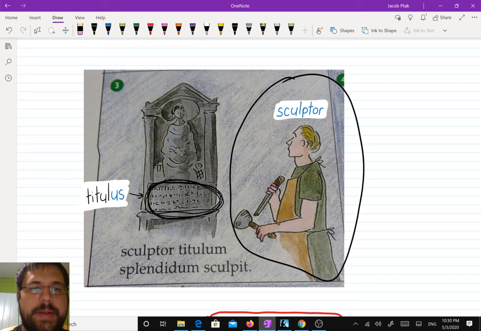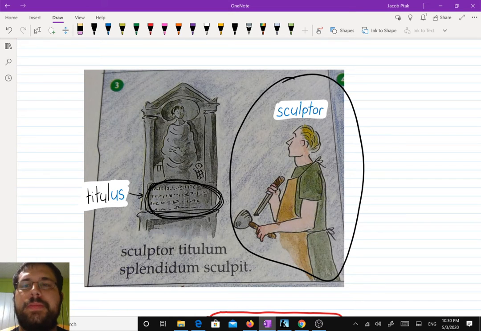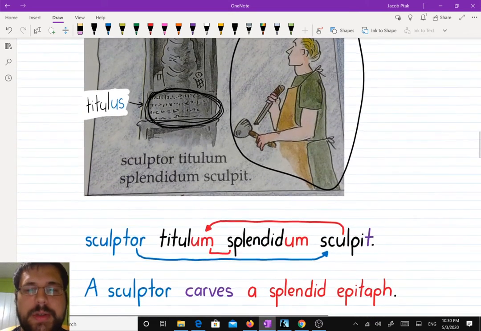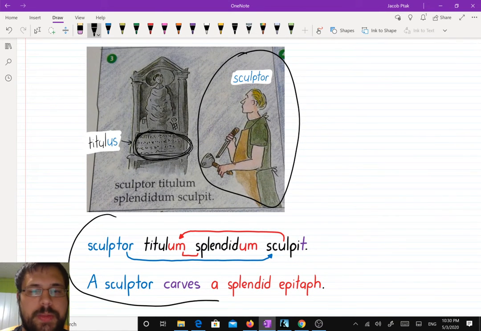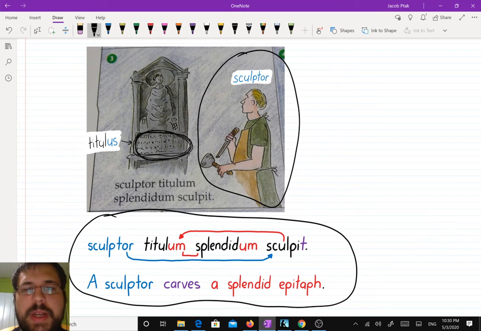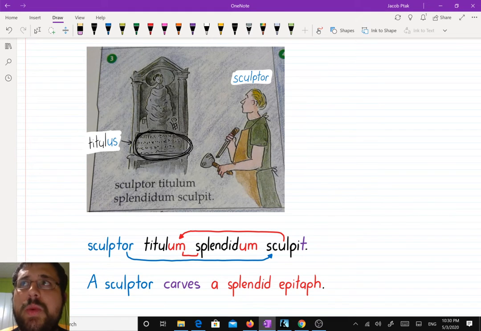The word for that is titulus, which sounds actually like the word title in English, because if you think about it, it's kind of like the title on the tombstone. So here's the translation of sentence 3. Sculptor titulum splendidum sculpit. A sculptor carves a splendid epitaph. Like a splendid one, a really nice one.